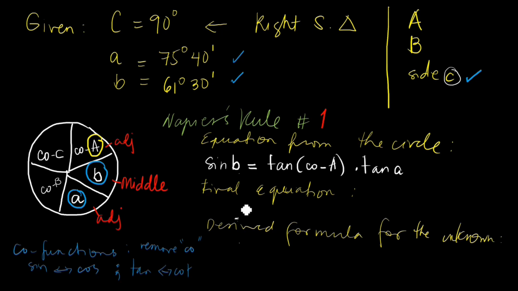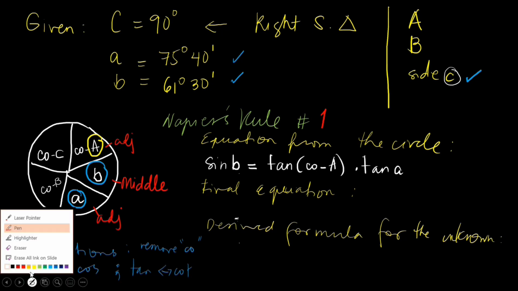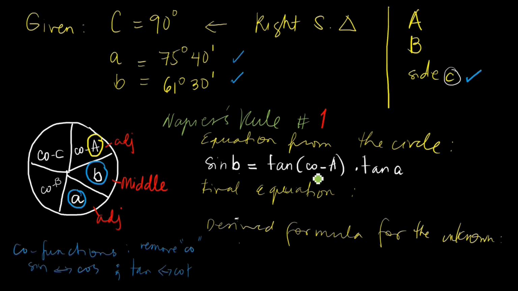Now let us have the final equation. In the final equation, we need to get rid of the CO, and in getting rid of it, we need to apply the cofunction. Let us copy first the left side. We have sine of B because it doesn't have CO, so we're just going to copy it.